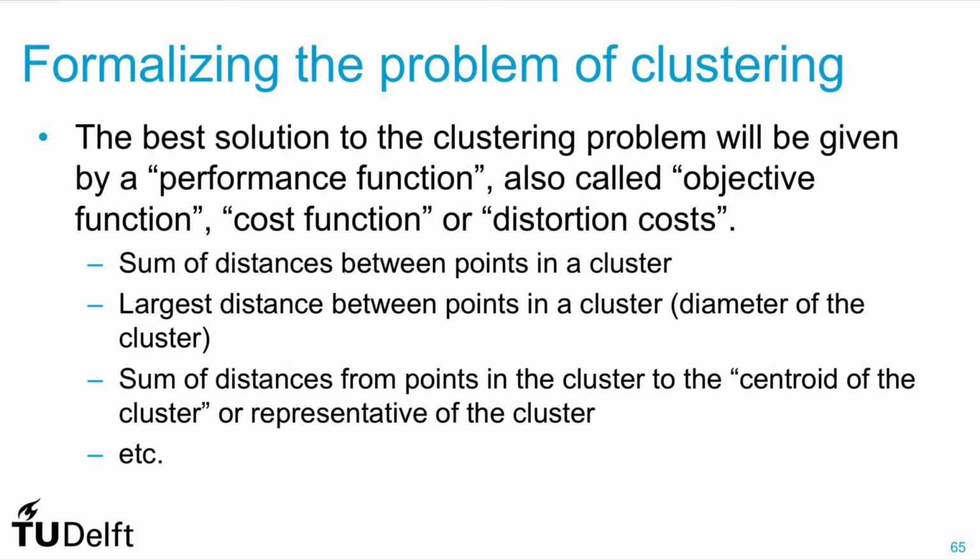We can also consider the largest distance between points that belong to a cluster, which is a sort of estimation of the diameter of the cluster. Also, there are other options like the sum of the distances from points in the clusters to the centroid of the cluster, or a representative sample of the cluster. We will see that example later with k-means. And you can also think of other methods to define the cost function.